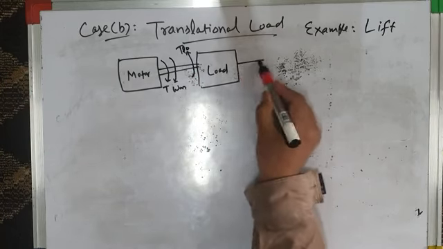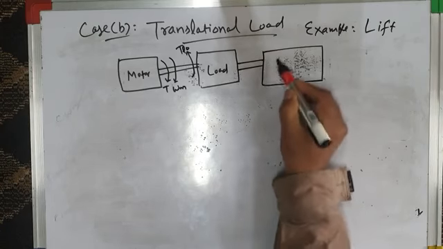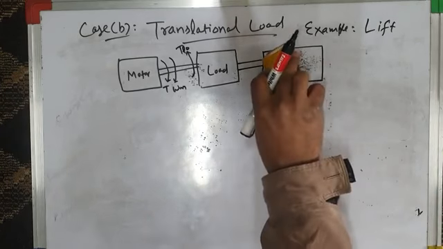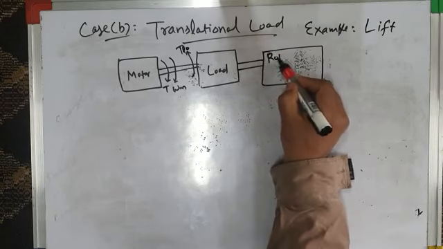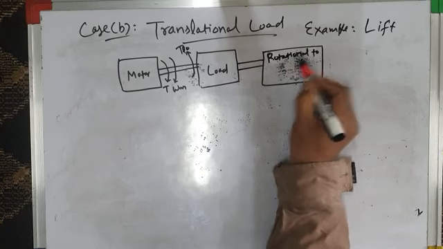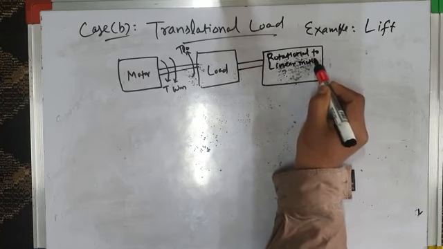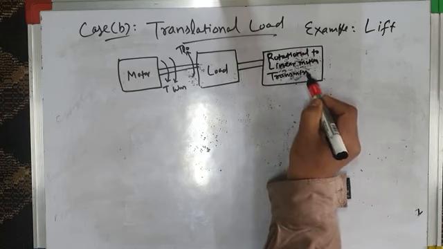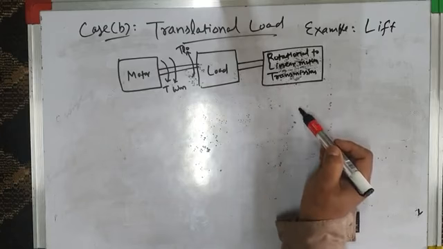Then we have this mechanism, which converts rotational motion into linear motion. It's a mechanism which is there in lifts. This is rotational to linear motion transmission. So what is the job of this block? The job of this block is to convert the rotational motion produced by the motor into linear motion.